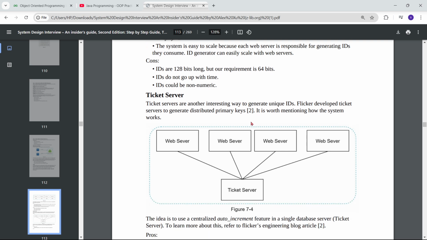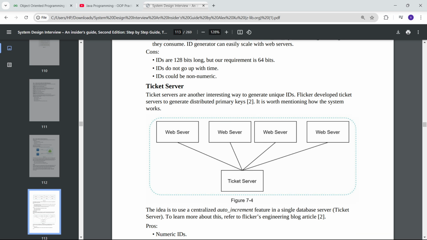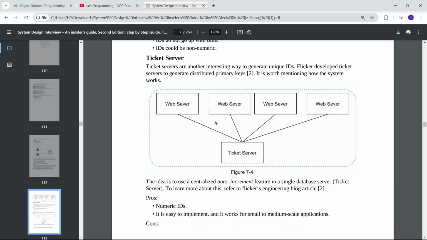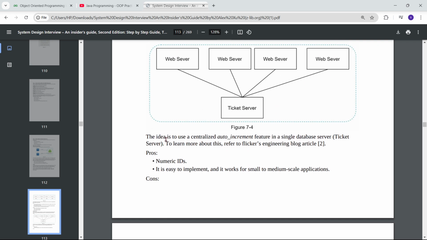Third, we have ticket servers. Ticket servers are another interesting way to generate unique IDs. Flicker developed ticket servers to generate distributed primary keys, and it is worth mentioning how the system works. So we have different web servers and they are connected to a ticket server. The idea is to use the centralized auto increment feature in a single database server, the ticket server.